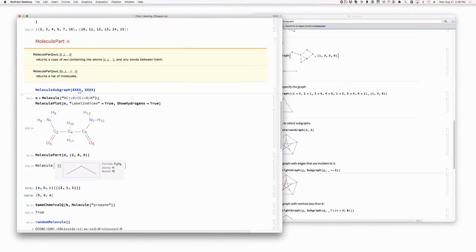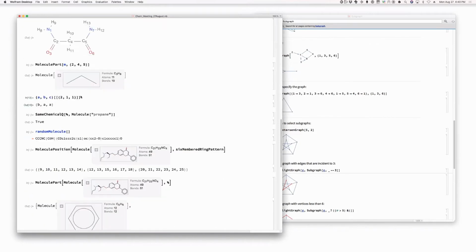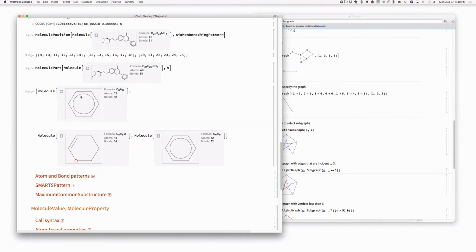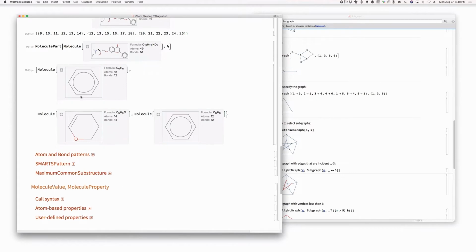What do we think here? Well, yes. All of those things are common operations that are done on a molecule by a computational chemist. Yeah, but what should they be called? We've got molecule part, molecule position, molecule cases. So do we all agree that molecule extract would be the wrong name instead of molecule part?